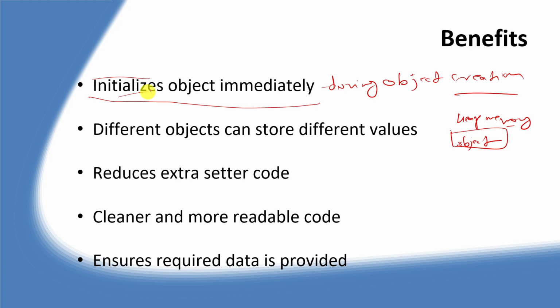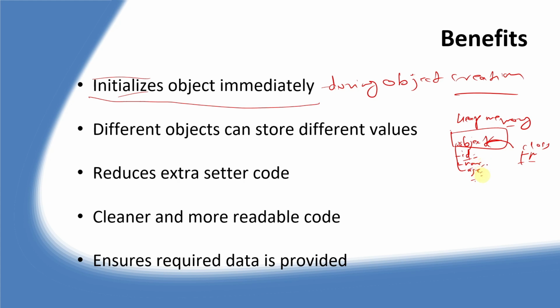What is the meaning of initialization? Initialization means this object will have properties, right? ID, name, age. How do we know that the object will have properties? Because the object is getting created from the class. Class is a blueprint and the object is the byproduct of this class. In the class we have the blueprint of what properties and what behaviors this object will have. The same properties it will have, like ID, name and age. So these properties will get initialized.